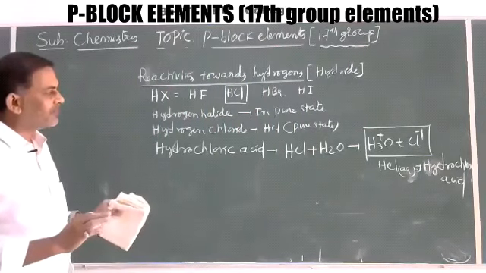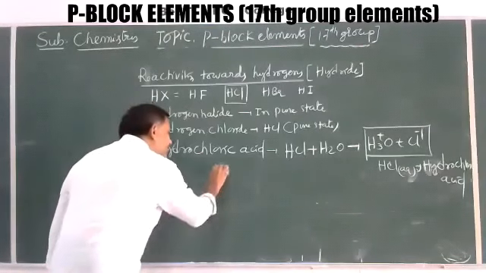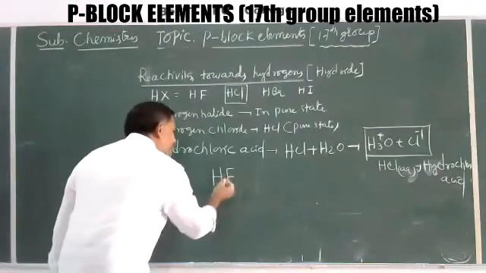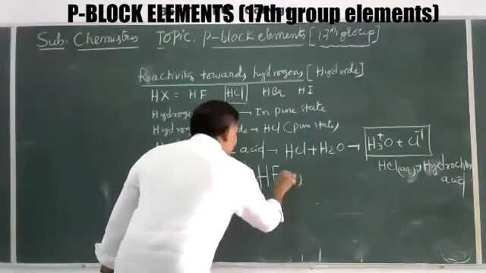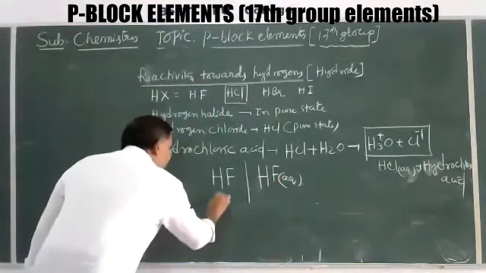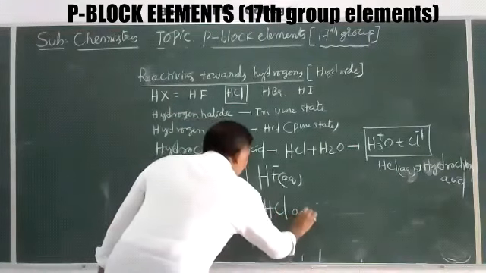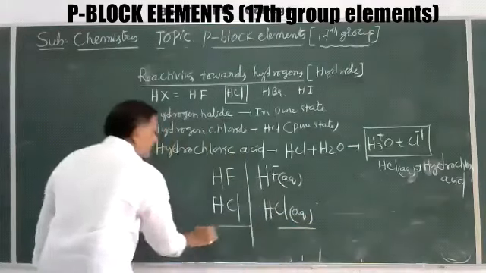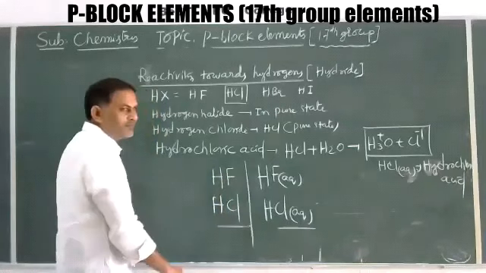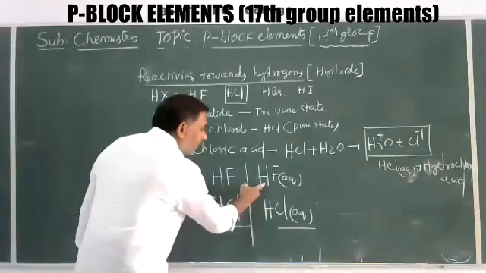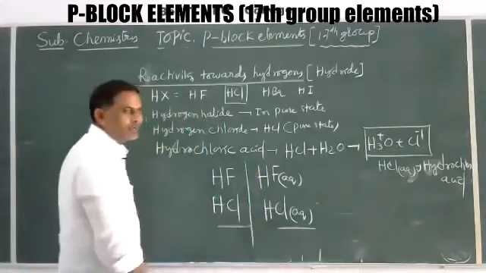Please remember this difference between hydrogen chloride and hydrochloric acid. Hydrogen fluoride and hydrogen chloride in pure state, but in aqueous dissolved condition they are called hydrofluoric acid and hydrochloric acid.